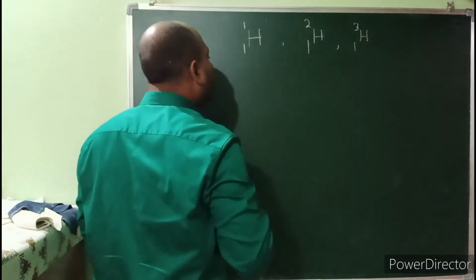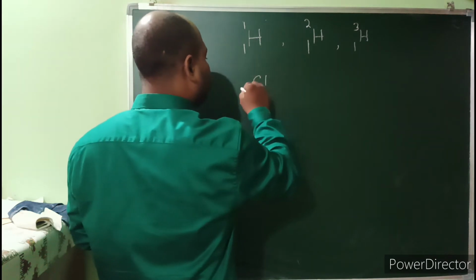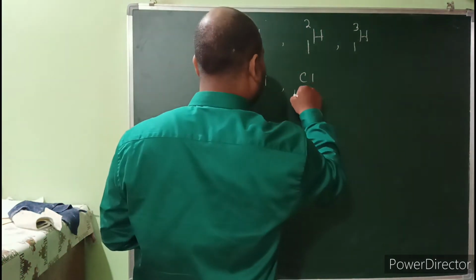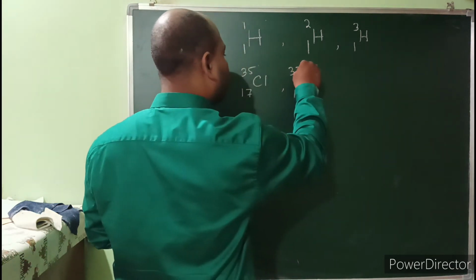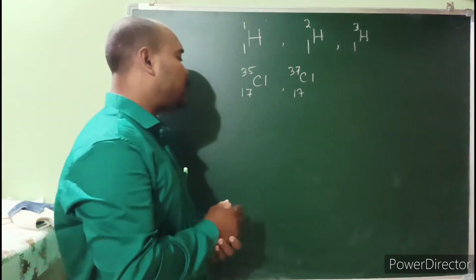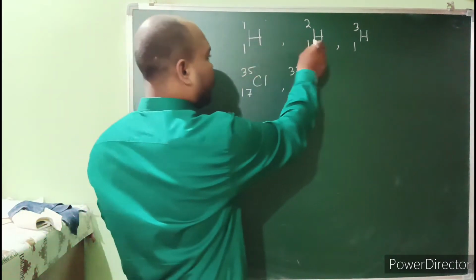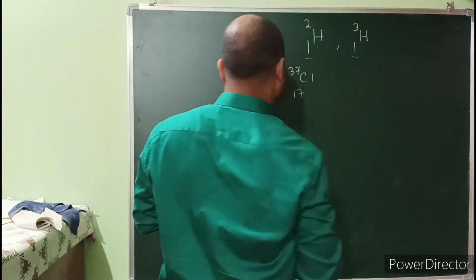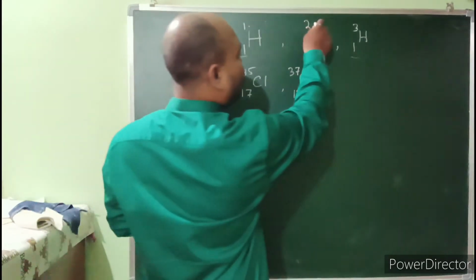Then chlorine 35 and chlorine 37. In both examples, we found that each element in the row has the same atomic number but a difference in mass number.